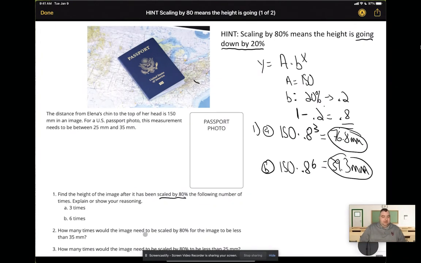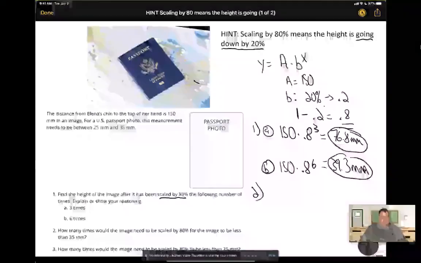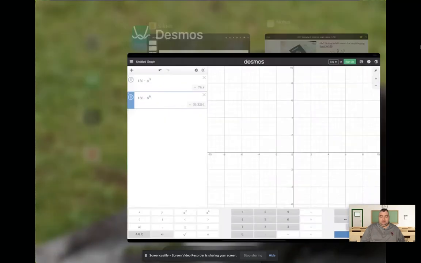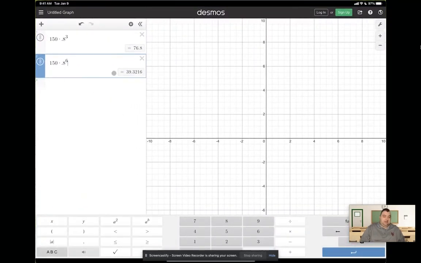Number 2, how many times would the image need to be scaled by 80% for the image to be less than 35 millimeters? In other words, what would my exponent have to be in order for the answer to be less than 35? To do that, I'm going to go back to Desmos. If we do it 6 times, we're still above 35. So we know it's got to be at least 7 times. Let's see what happens if I make that exponent 7.